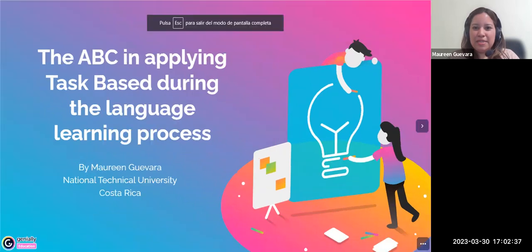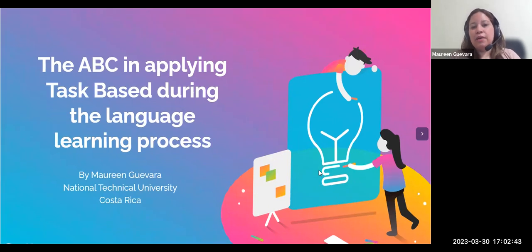So this presentation is like a practical guide for applying task-based learning during the language learning process. As Musa was mentioning, I have some years of experience working in higher education, and most of them have been working with this methodology.